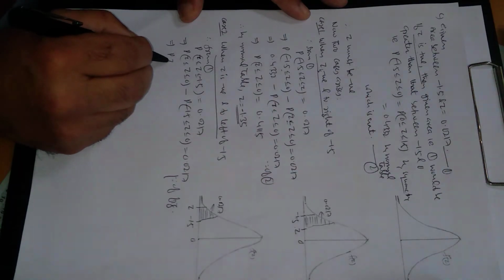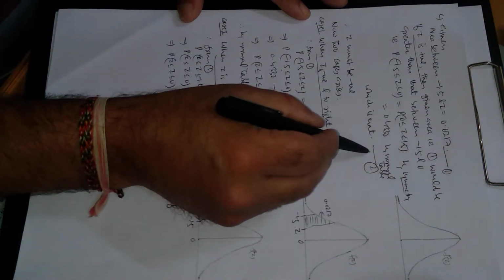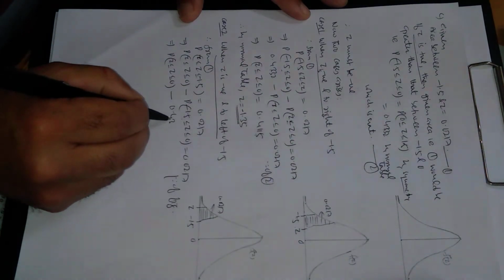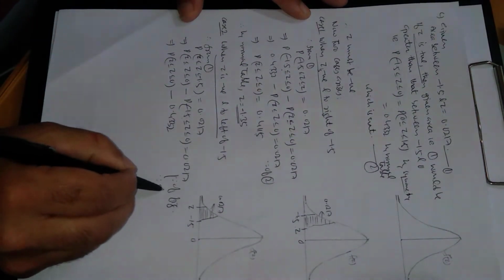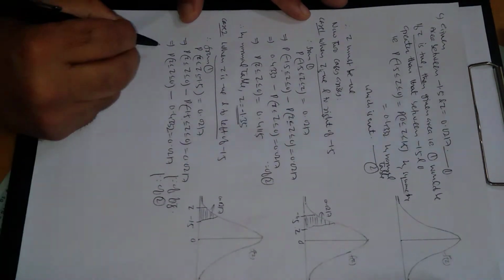Now this is probability small z less than capital Z less than 0, and this probability because of equation number 2 is 0.4332, from which we subtract 0.0217.